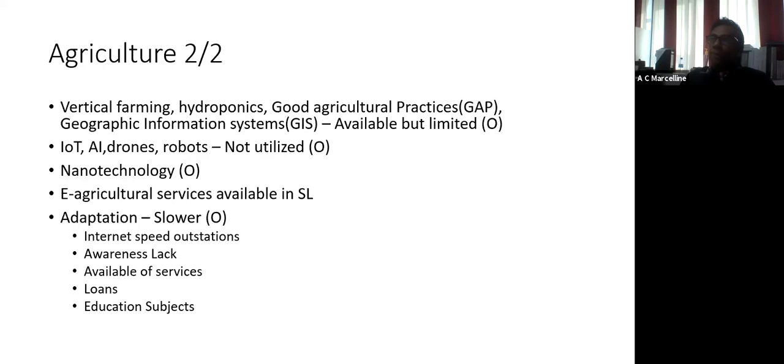Then the loans, again, it's a positive now. People could get the right loans. Even government banks are advertising now for people to come and get loans. So it's interesting now, the right time to move into these areas.